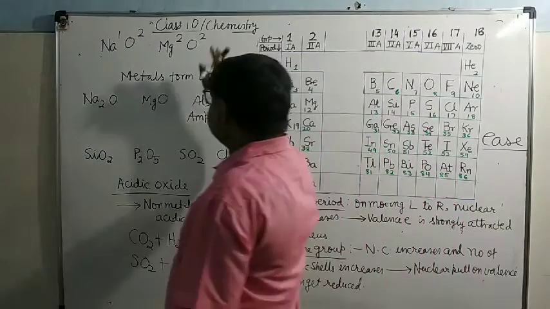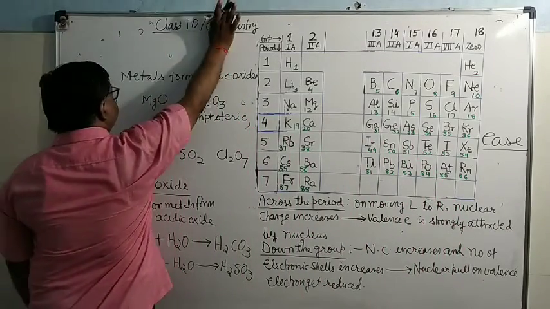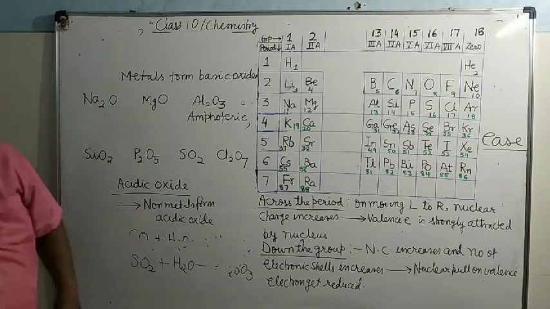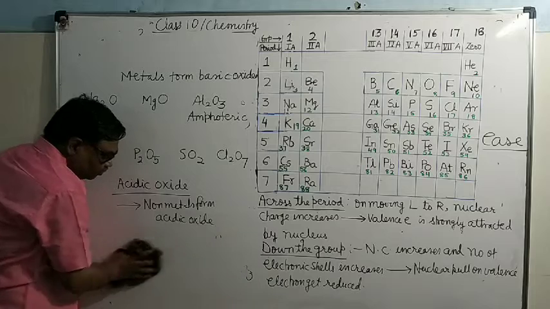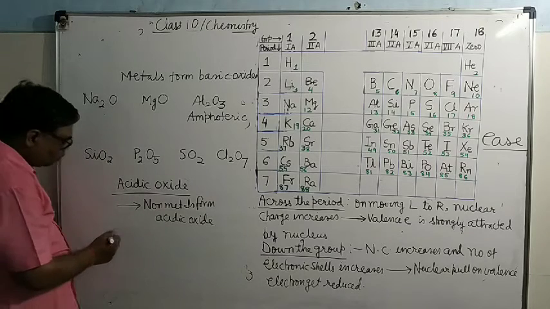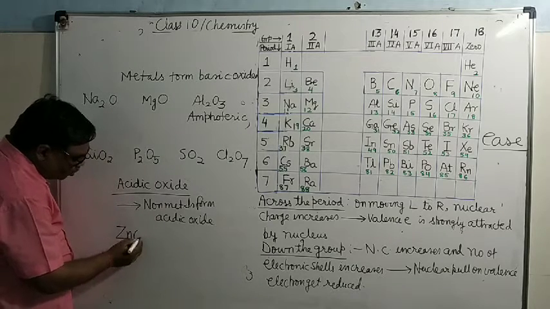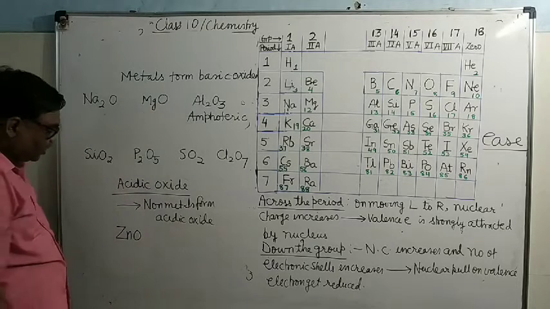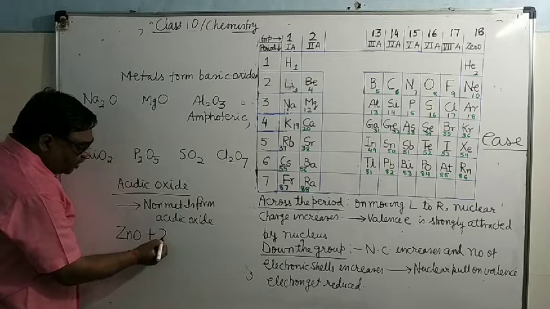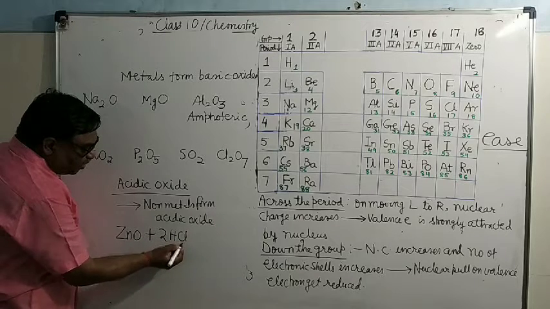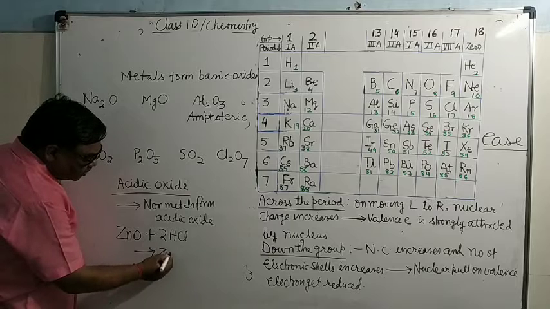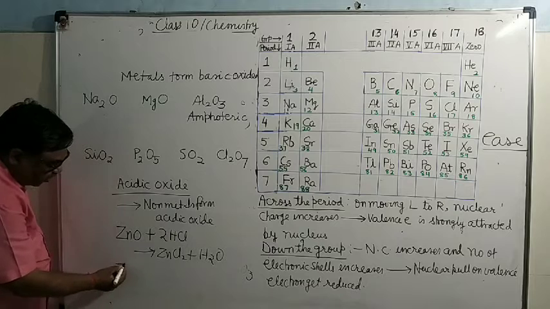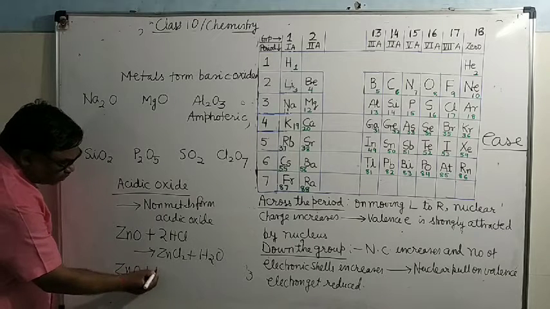If you see here, perhaps you have heard, zinc oxide, ZnO. Zinc is a metal. Its oxide is basic, but it is amphoteric in nature. When it reacts with HCl, what will happen? It will form ZnCl2 plus H2O. ZnO also reacts with the base.